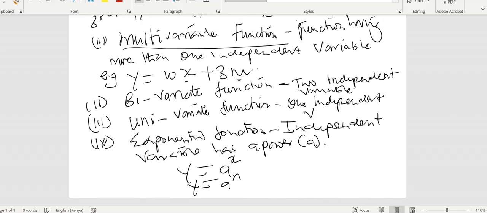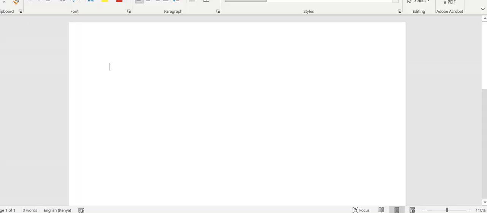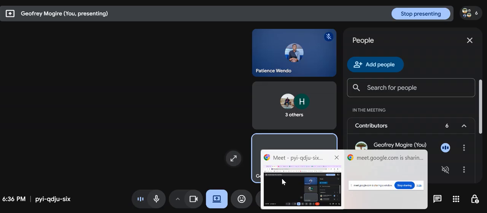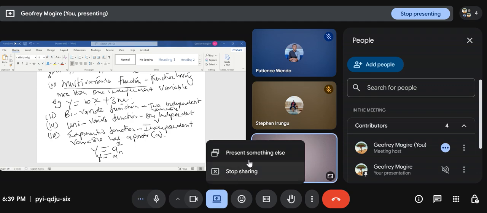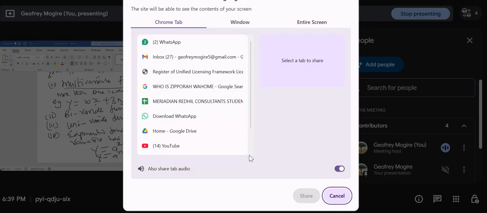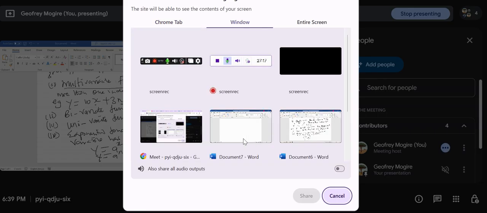There are so many functions, so I invite you to go and look at other functions. The other functions I invite you to look at are the following. One, just go look at what we call the discrete function.